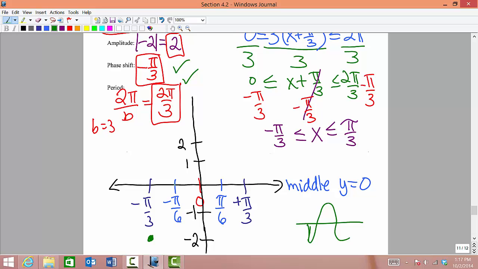My second point will be on the x-axis. At the third point, now we're at the max. So we're just plotting those 5 points for cosine. At pi over 6, we're down to the x-axis again, and at that 5th point, we're down to the minimum. So here's one period of our cosine function.